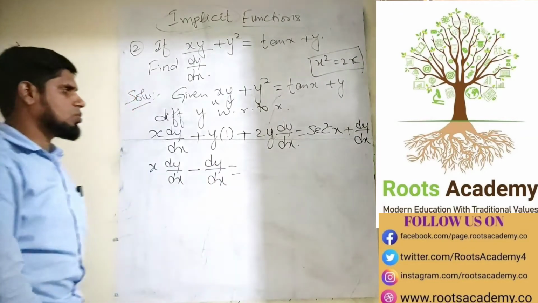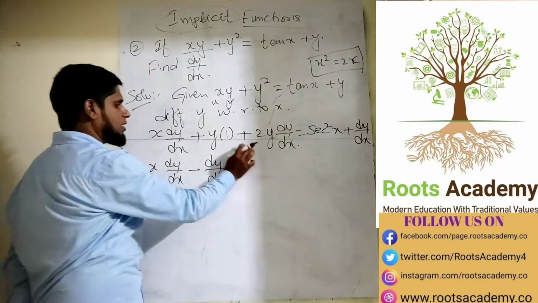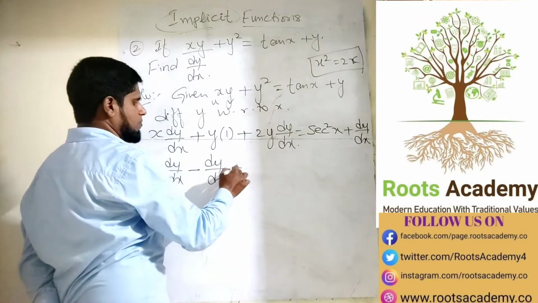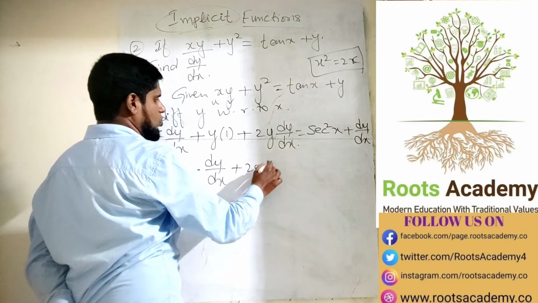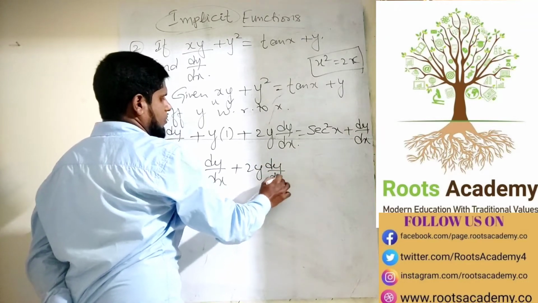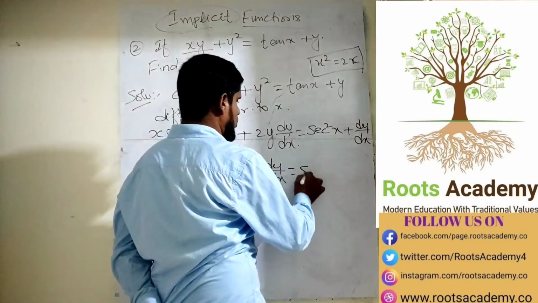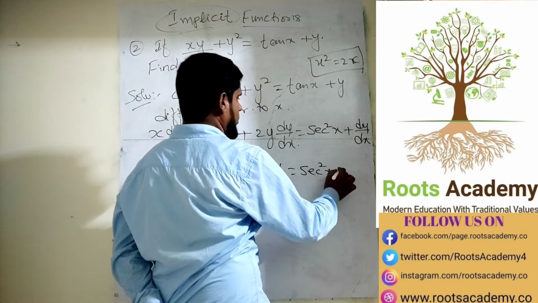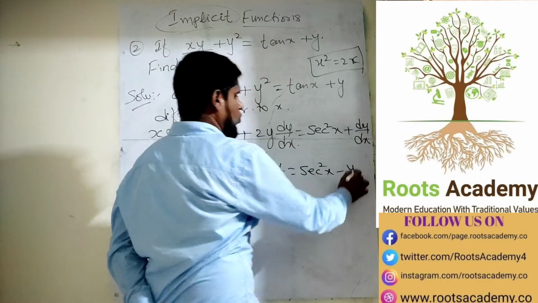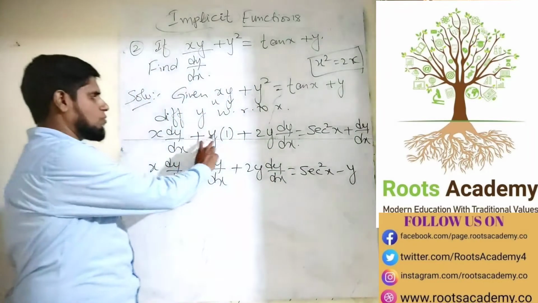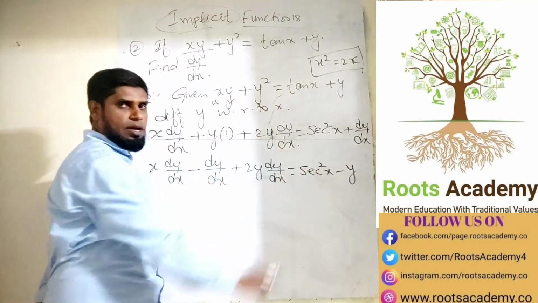This is equal to, sorry, one more dy by dx there, plus 2y dy by dx. This is equal to secant square x minus y. This y into 1, we will get to the right hand side.